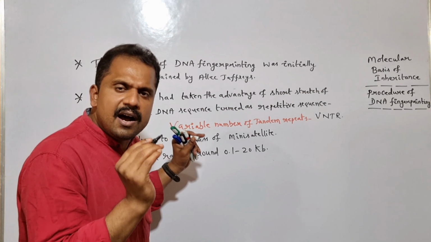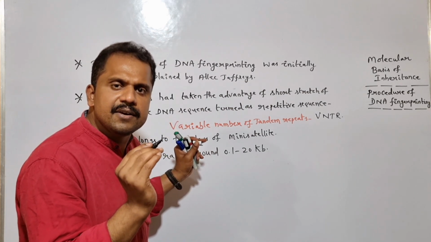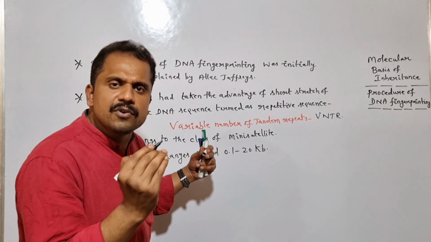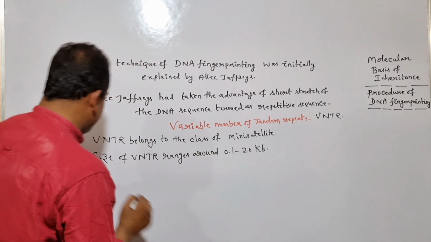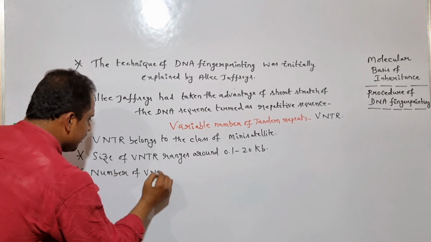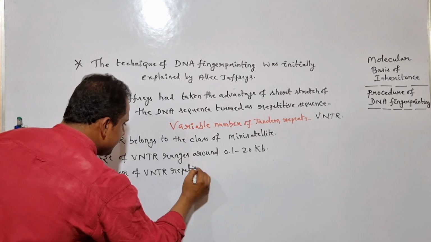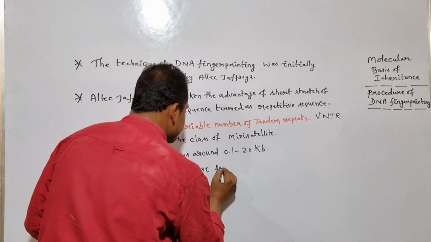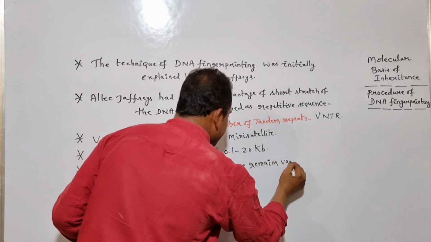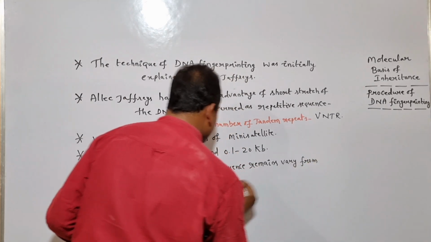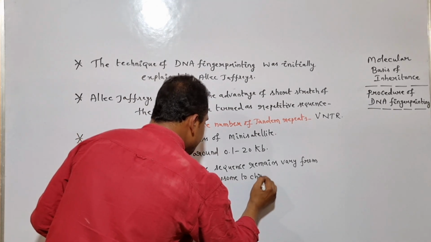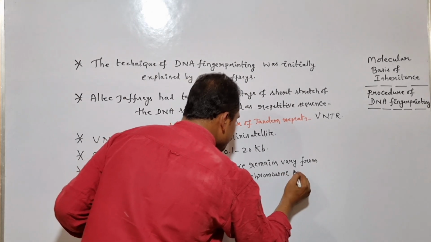In all the 46 chromosomes the VNTR repetitive sequence is observed, and the number of VNTR repetitive sequences varies from chromosome to chromosome in an individual.